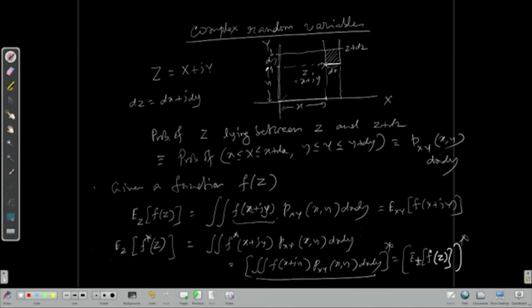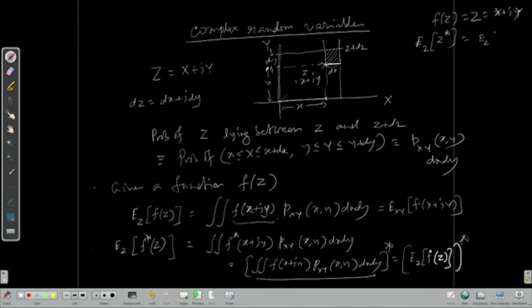So if you are taking f star of z and then the expectation value with respect to z, you have to first take the expectation value of the original f of z, no star, and then put star on that. And the implication of that is, suppose f of z is z. So E_Z of z star: z is x plus jy. E_Z of z star will be what?